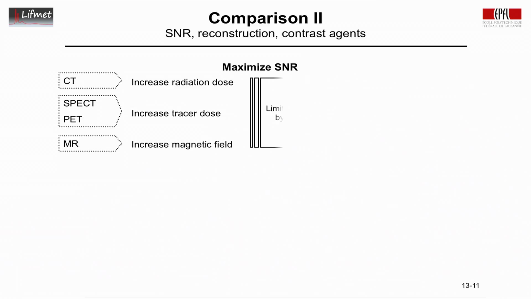So, what are these increases limited by? In CT, essentially nothing, except for, in human application, the radiation dose. We cannot just bombard our patient with unlimited amounts of radiation. The same holds true for the emission computed tomography techniques like SPECT and PET.